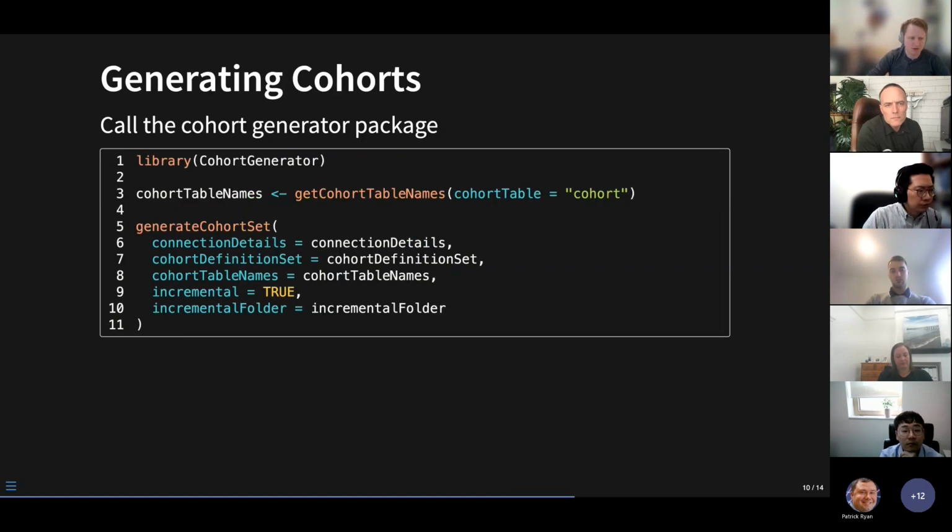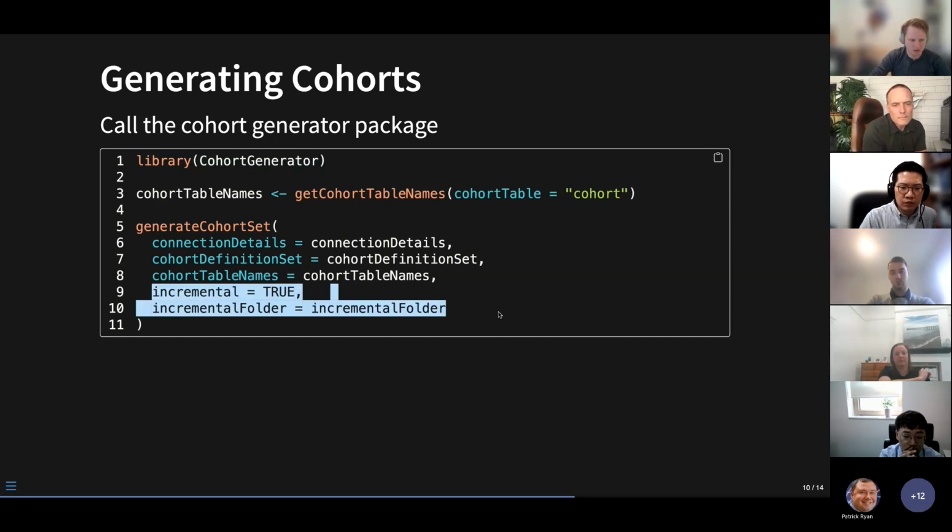The next step is to call the CohortGenerator package. This is a standard package across all of our study utilities in our R packages to let you generate the cohorts in a consistent way, so we know that the tables are correctly generated, and you can use the same parameters in other packages like CohortDiagnostics to get the cohorts.